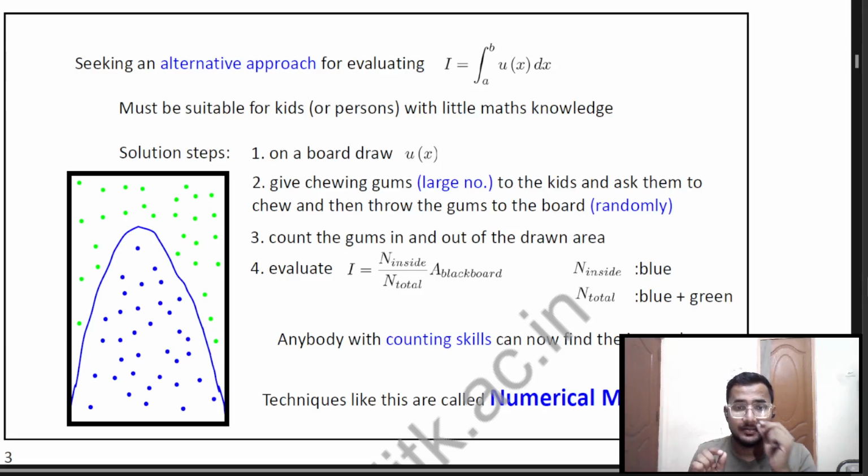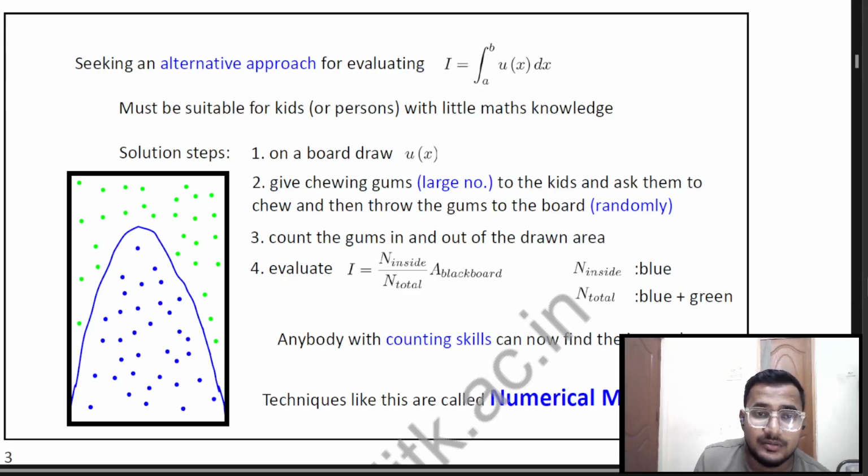After they throw the gums on the board, they stick to the board, and then we ask them to find the total number of chewing gums that they have thrown, and the total number of chewing gums that have come below the curve. In that way, we can say that the value of I will be very nearly equal to the number of gums that got stuck below the curve divided by the total number of gums that have been thrown.